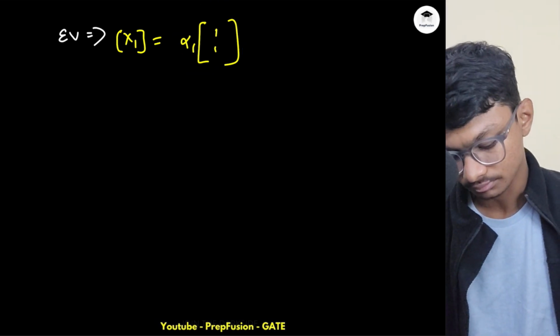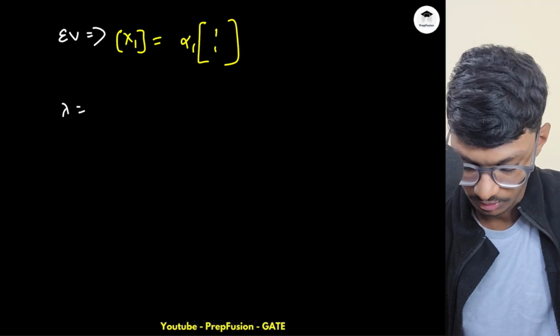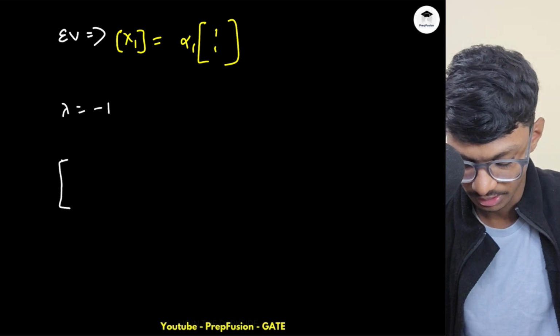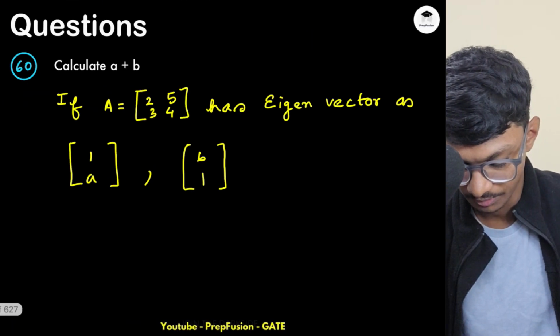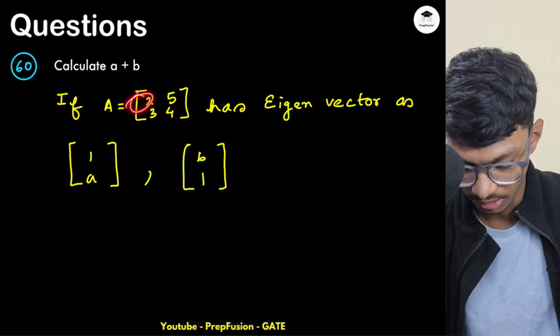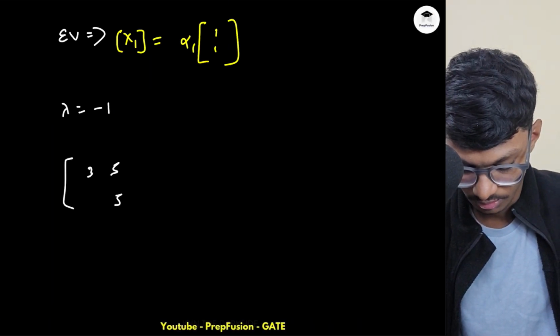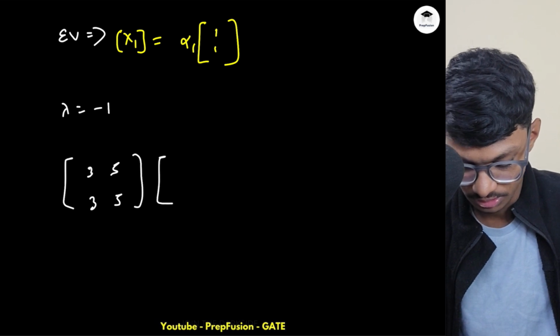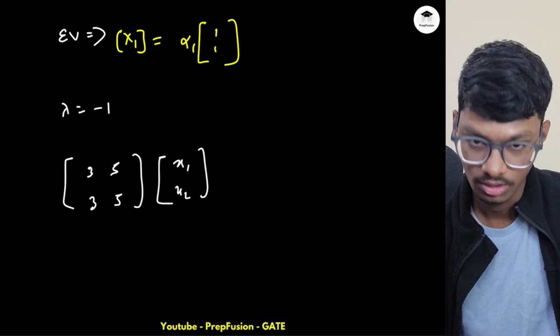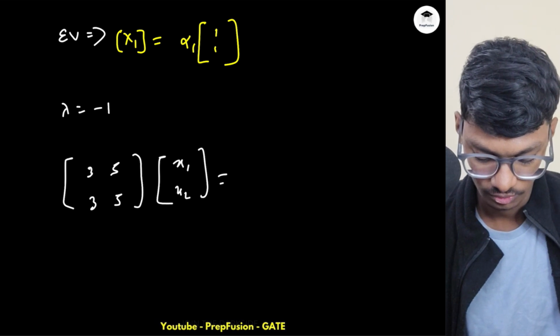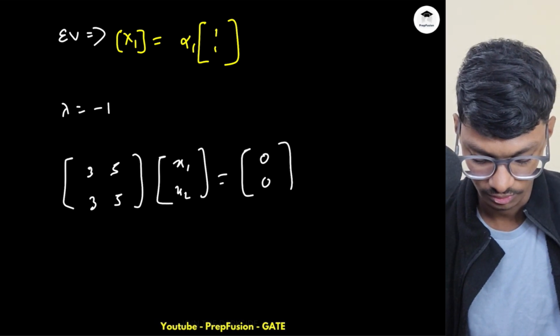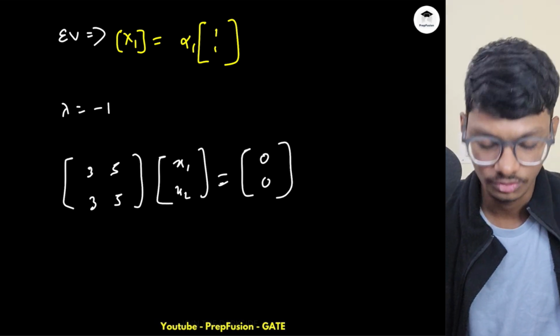Now let's solve for lambda equals -1. For A minus lambda I, I am adding 1 to the diagonal elements. This will be 3, 5, and this is also 3, with (x1, x2) equals (0, 0).